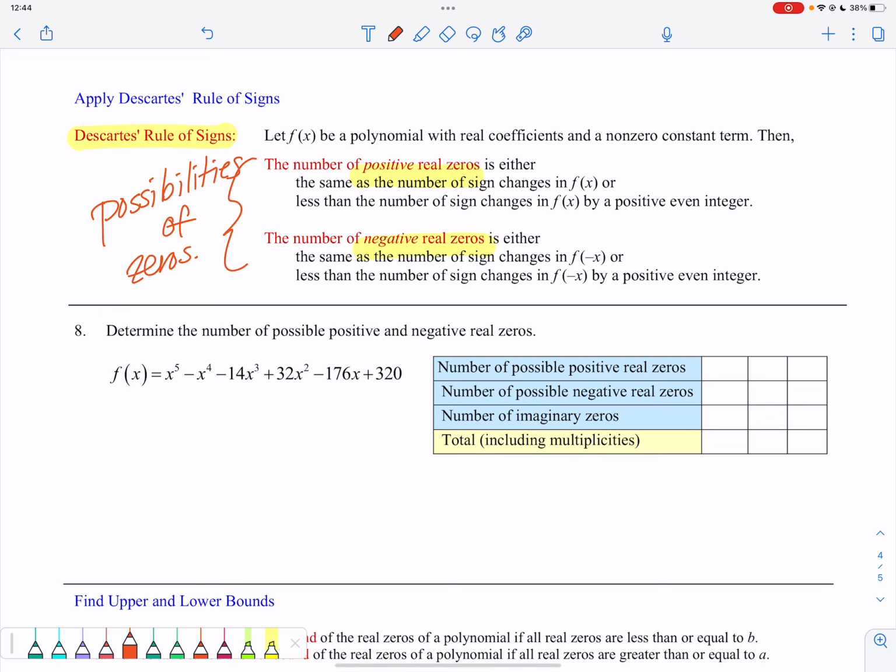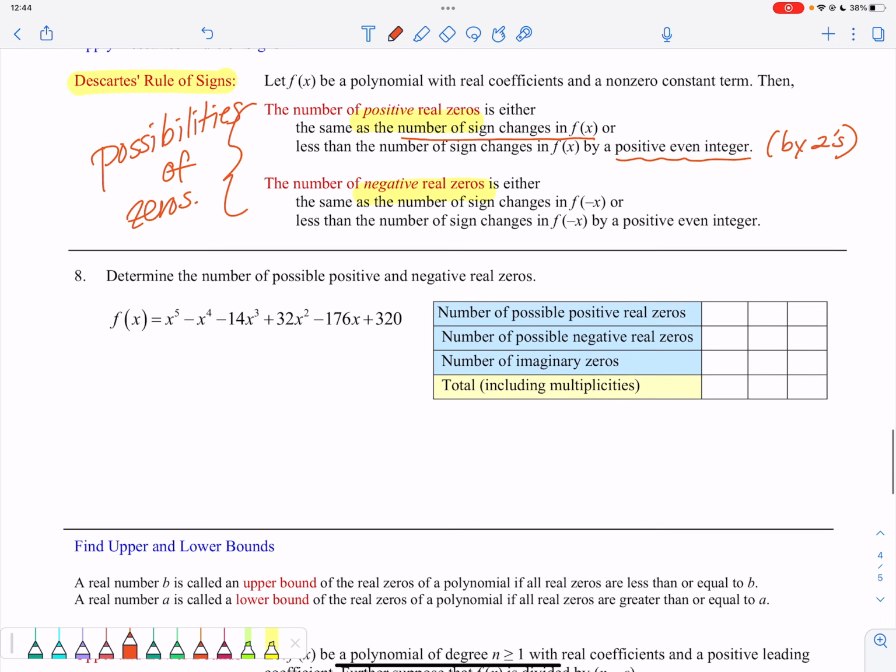Of our zeros, okay? So the positive real zeros is the same as the number of sign changes in f of x, or less than the number of sign changes by a positive even integer. And we will just go down by 2's. And I'll show you how to do that in a table.